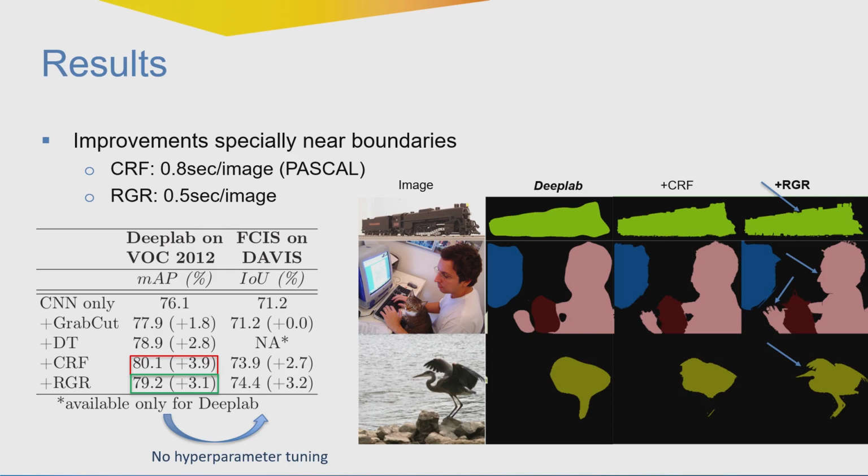But the fact is that if we keep the same parameterization and bring it to another scenario, like another network called FCN on the DAVIS dataset, which is another dataset for image segmentation, our improvement over the base input from the network in terms of accuracy is pretty consistent, while the CRF is going to drop if you don't have this hyperparameter optimization. So we were pretty happy with the results.